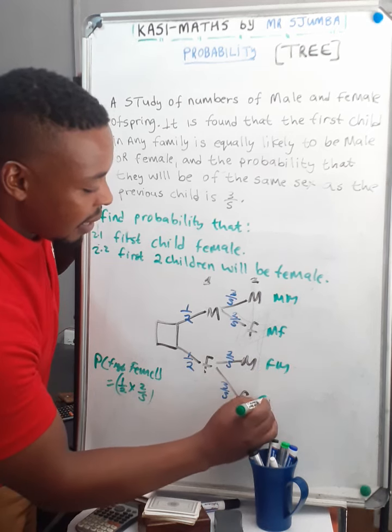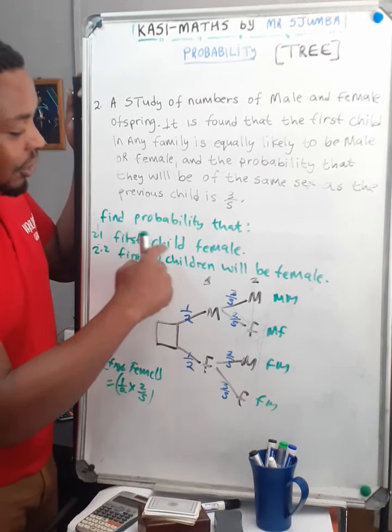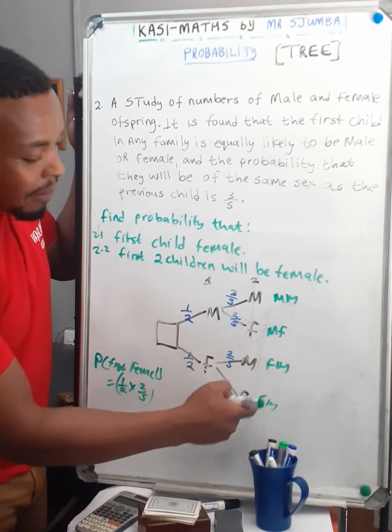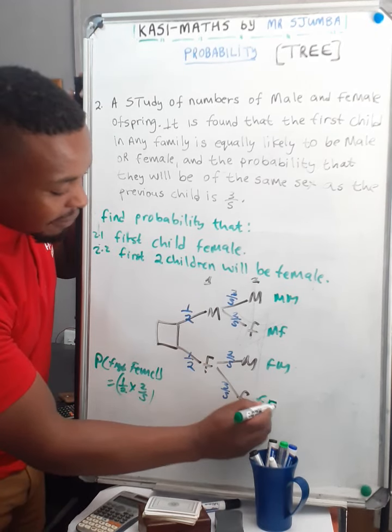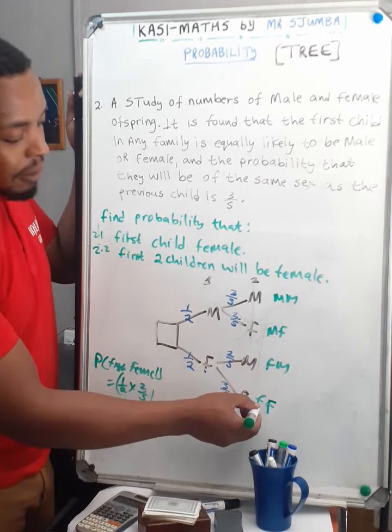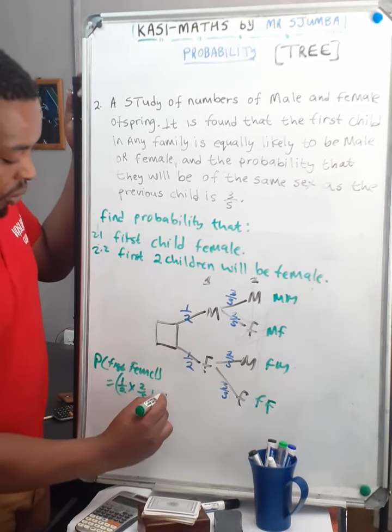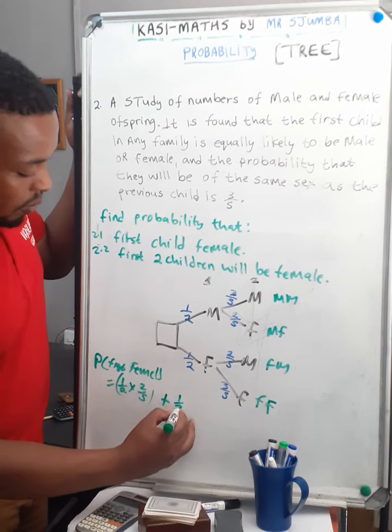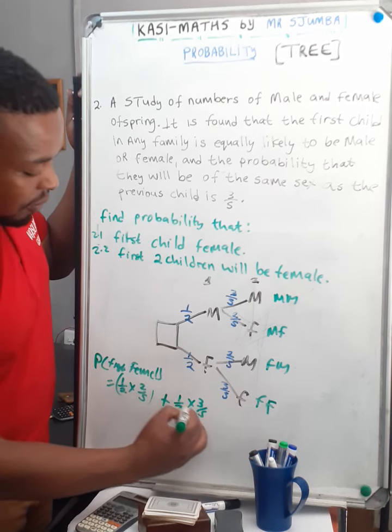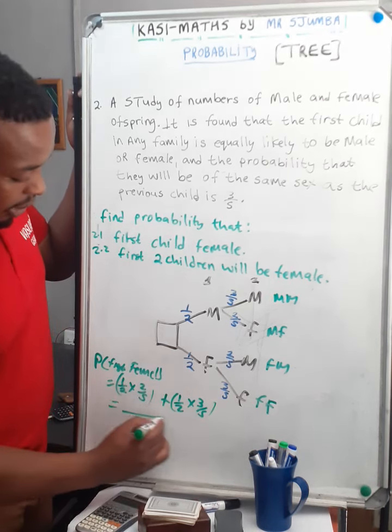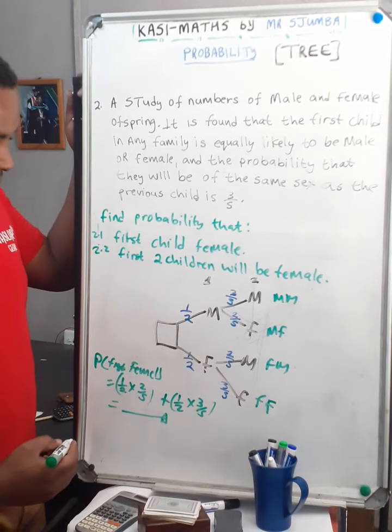We're looking for the first child female, so FM and FF. Then we calculate the total answer.